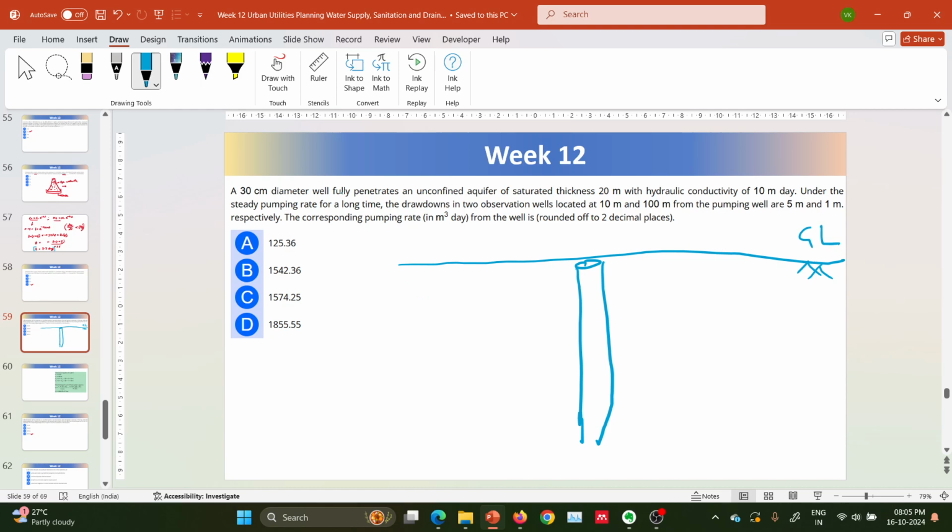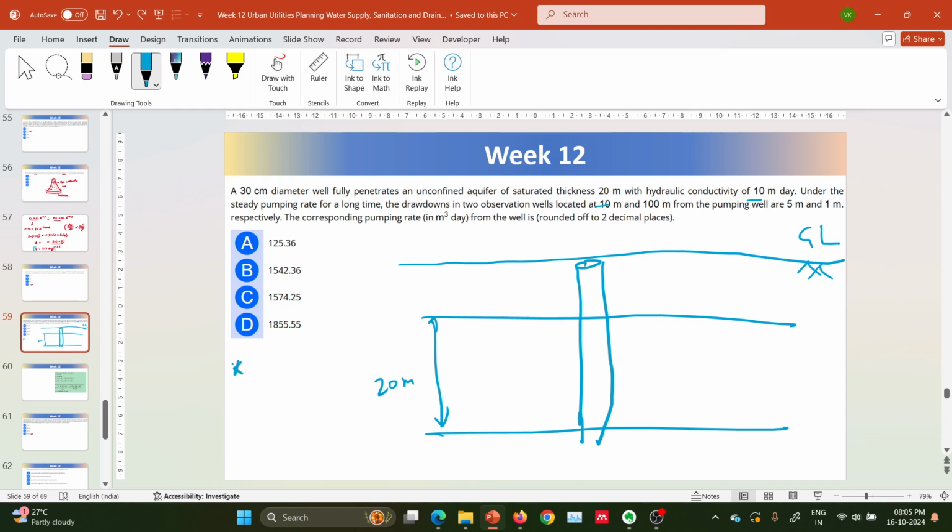The aquifer has saturated thickness of 20 meter, with hydraulic conductivity K of soil 100 meter per day.